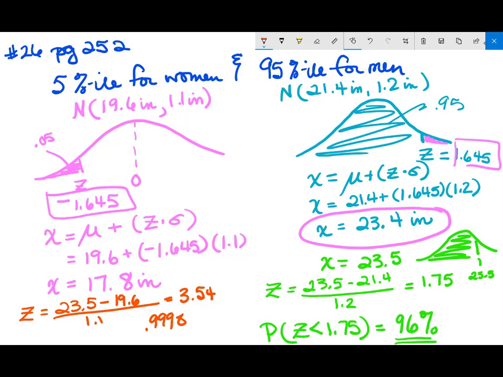So 99.98% of the women would fit in a workstation where the knee height was set at 23.5. Only 4% of the men wouldn't fit. So that's how you would do those types of problems.